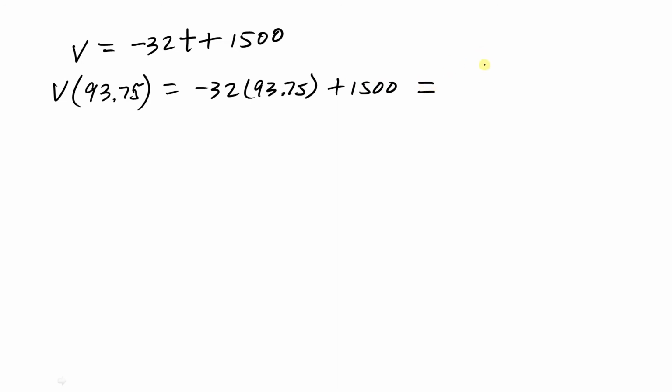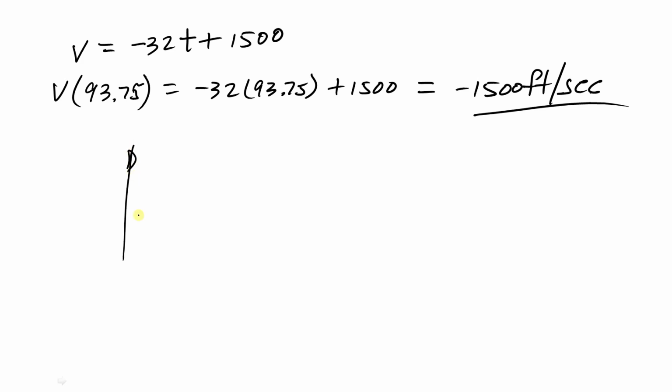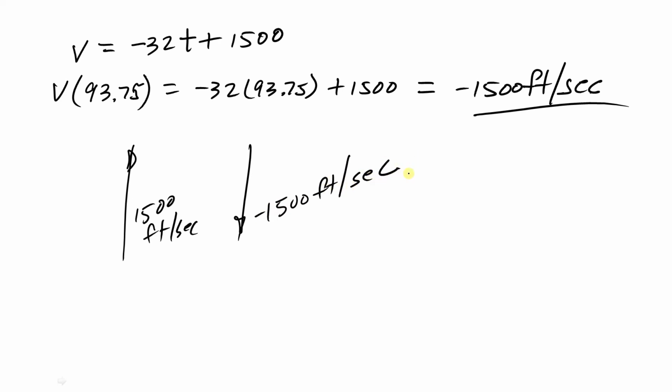Doing the calculation, you get minus 1500 feet per second as the velocity when the rocket hits the ground. Notice it goes up with an initial velocity of 1500 feet per second and hits the ground with a velocity of minus 1500 feet per second. And that's the rocket equation.